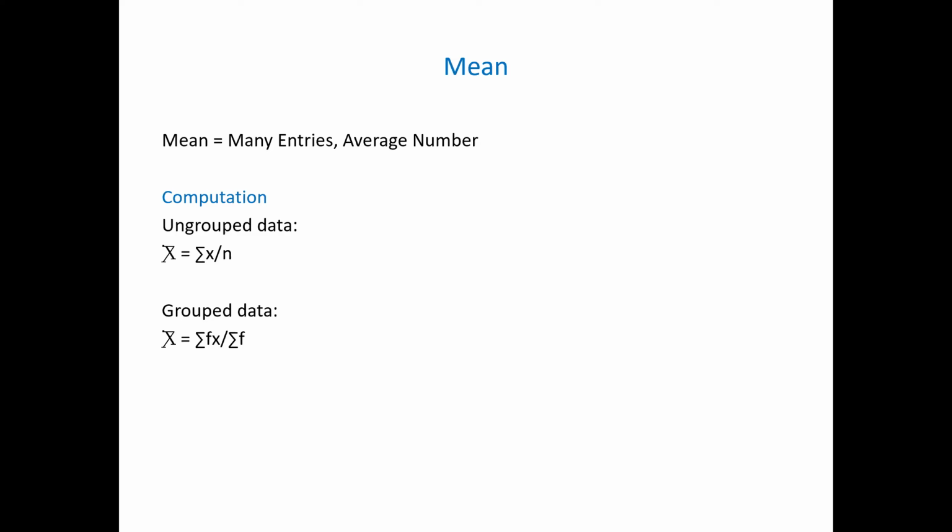We said statistics are denoted by Roman alphabet, like X bar. Mean is summarization. You want to summarize, you add everything together, you divide by the total number. So sigma means addition, this one that looks like E. This sigma: addition of all the X over the sample size N.